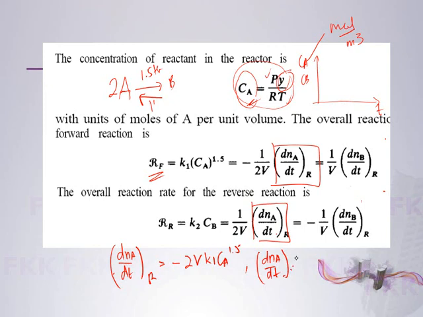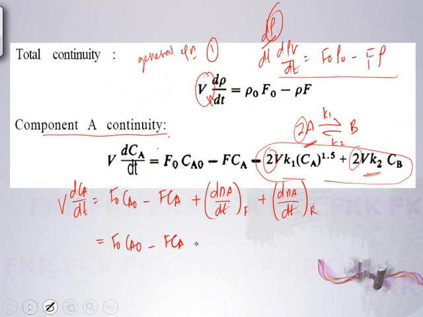Sorry, this is actually reverse, so this is actually forward. So dNA reverse equals 2V K2 CB. So you plug this value into the equation just now. Is it okay? Now let's do this. So it becomes minus 2V K1 CA^1.5 plus 2V K2 CB.